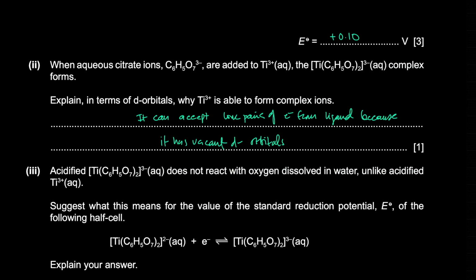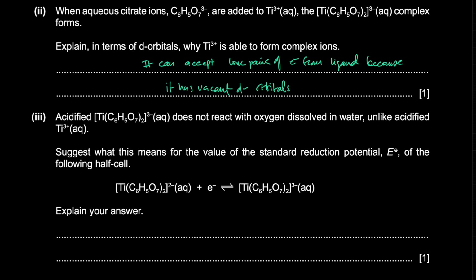In this particular case, what it means is that the standard reduction potential, the E naught for this particular half cell, is going to be greater than plus 1.23 volts.